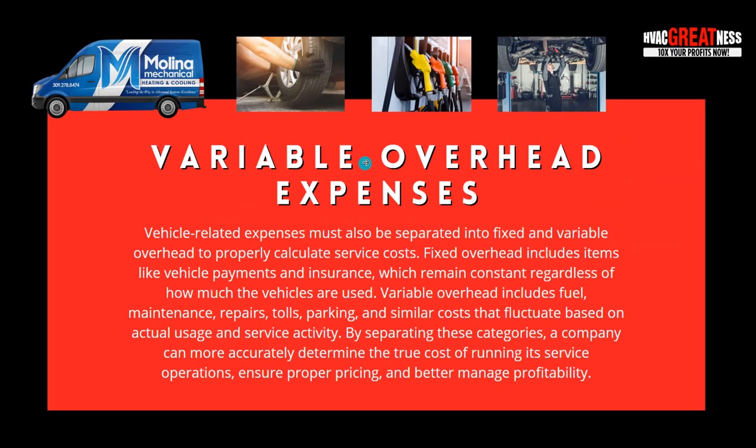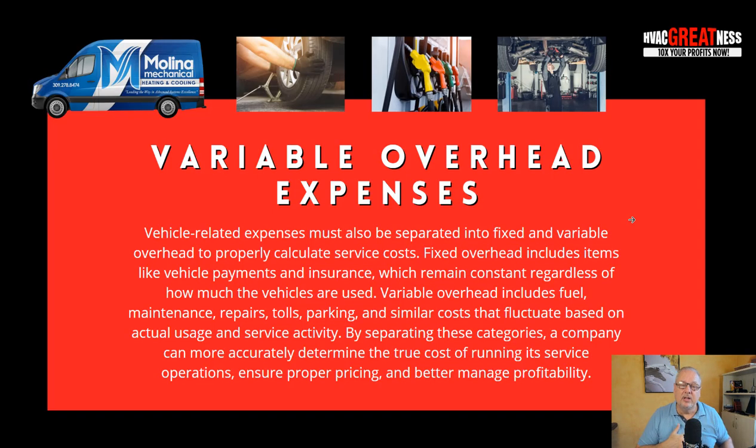So let's talk about that variable overhead. When you pay your truck payment, your vehicle payments, that's a regular part of the overhead, because it's a monthly payment that you pay all the time, right? When you pay your vehicle insurance, it's part of the overhead.